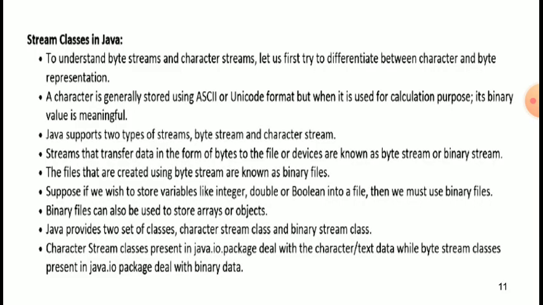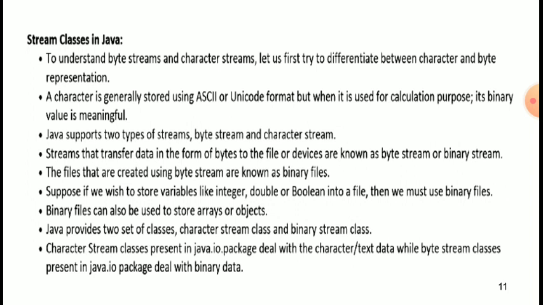Next is stream classes in Java. To understand byte streams and character streams, let us first try to differentiate between character and byte representations. A character is generally stored using ASCII or Unicode format, but when it is used for calculation purposes, its binary value is meaningful.